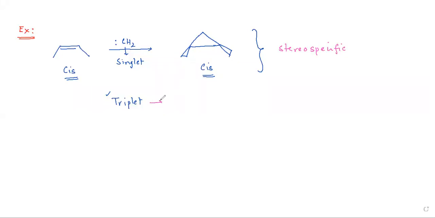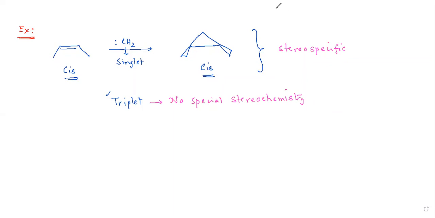Whereas with the triplet, there is no special stereochemistry. So this is very important. If you start with a cis 1, you will end up with a cis 1 with a singlet carbene. Remember. Okay.